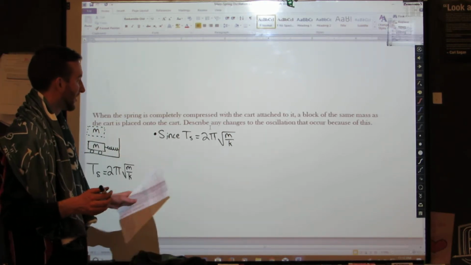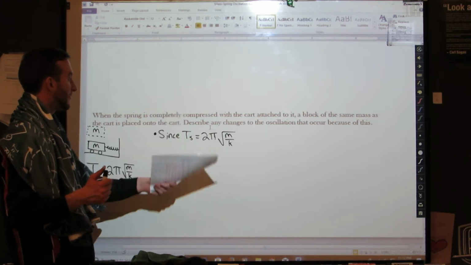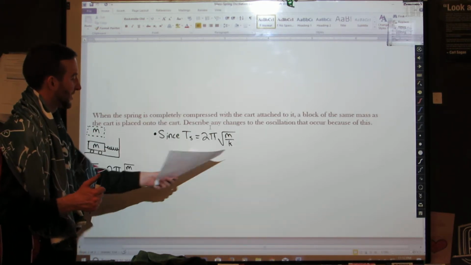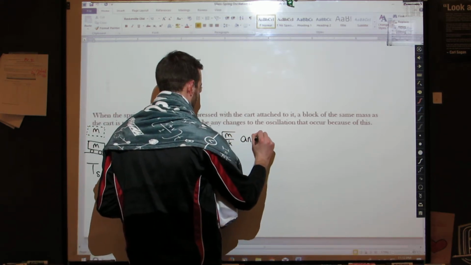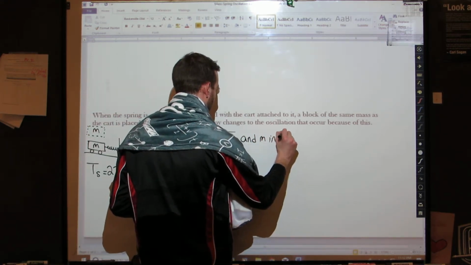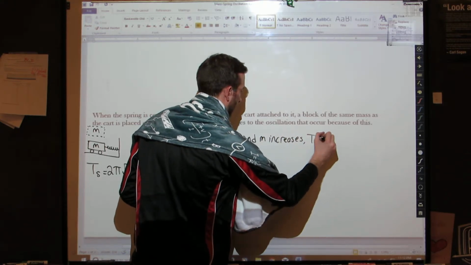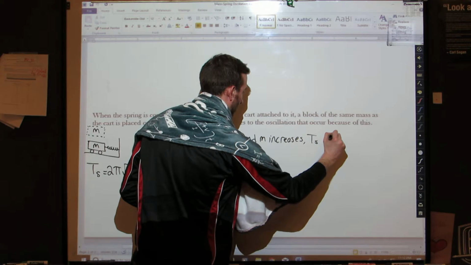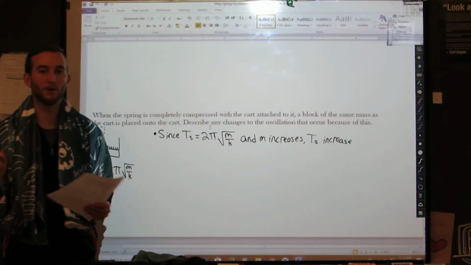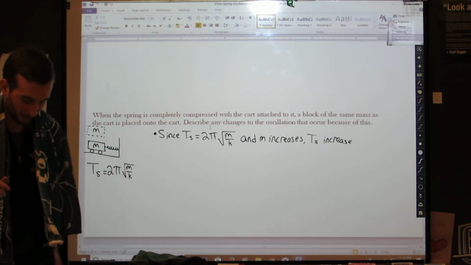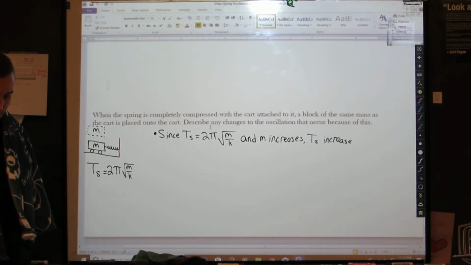So since this is the equation for the period of the mass on the spring, and m increases, the period must also increase. It doesn't double, it actually goes up by a factor of the square root of 2, but it does increase. It's pretty easy to see why it should increase.